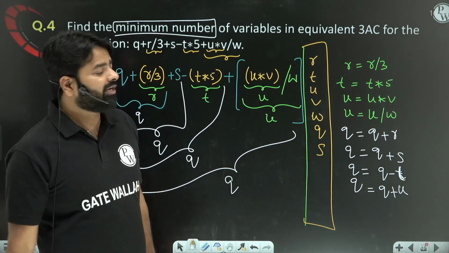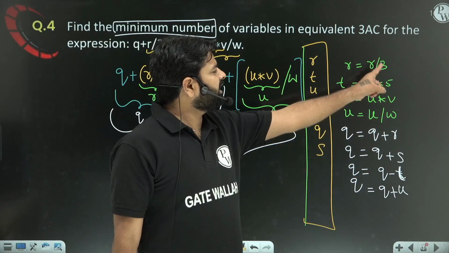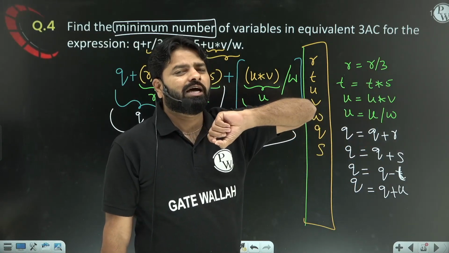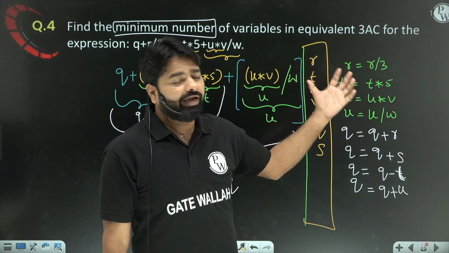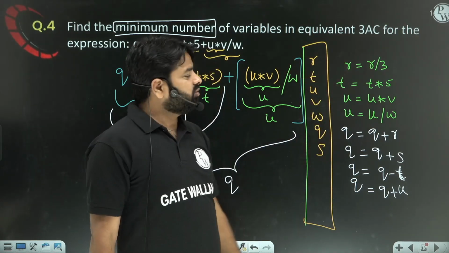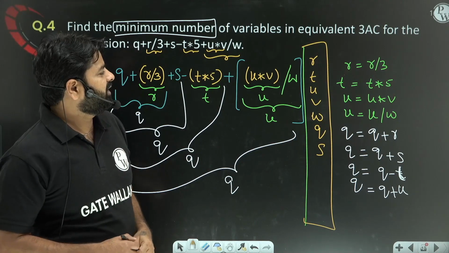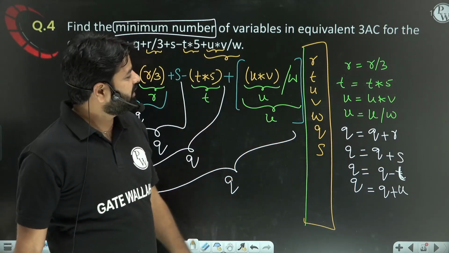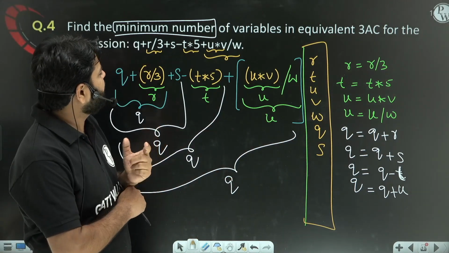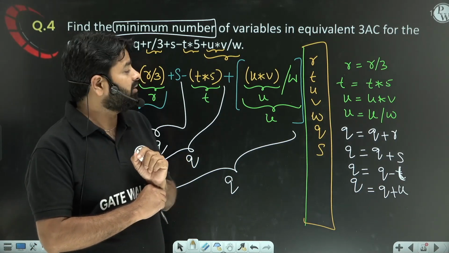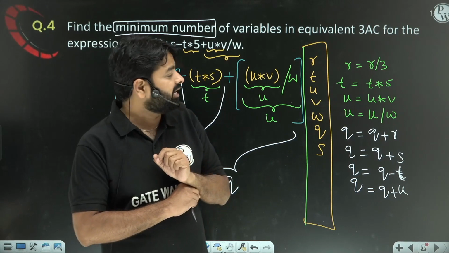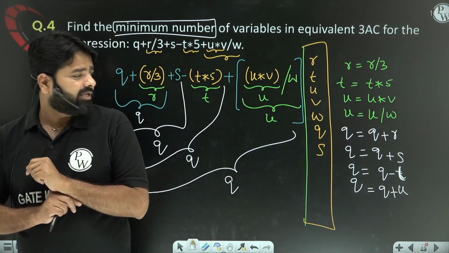Remember, 7 variables. In case 3 and 5 are not allowed to be used as a part of the instruction, it will become 8. So here 7 variables are required. I'm trying to reuse the variables because I don't want to consider extra space while calculating.